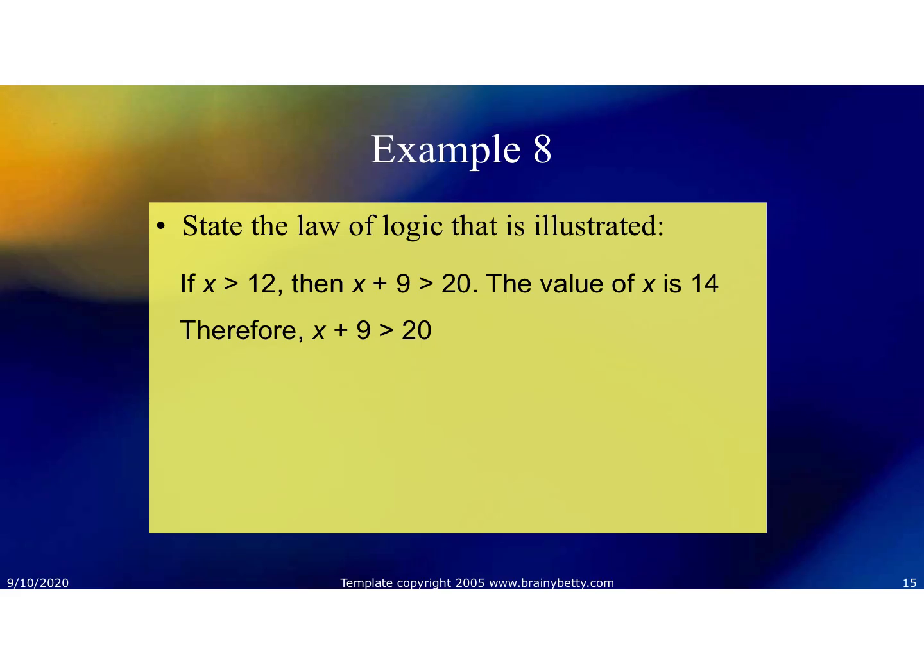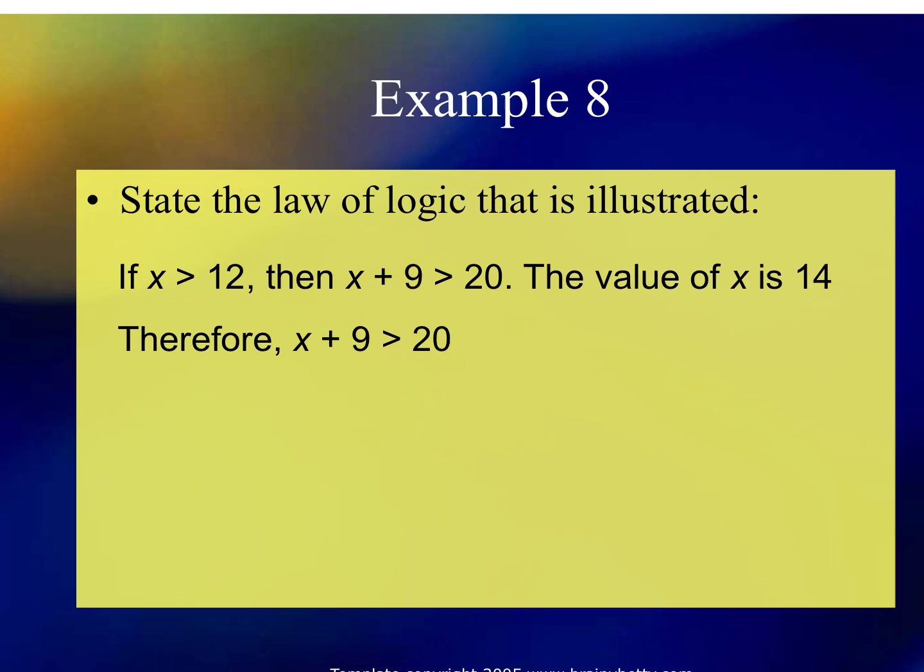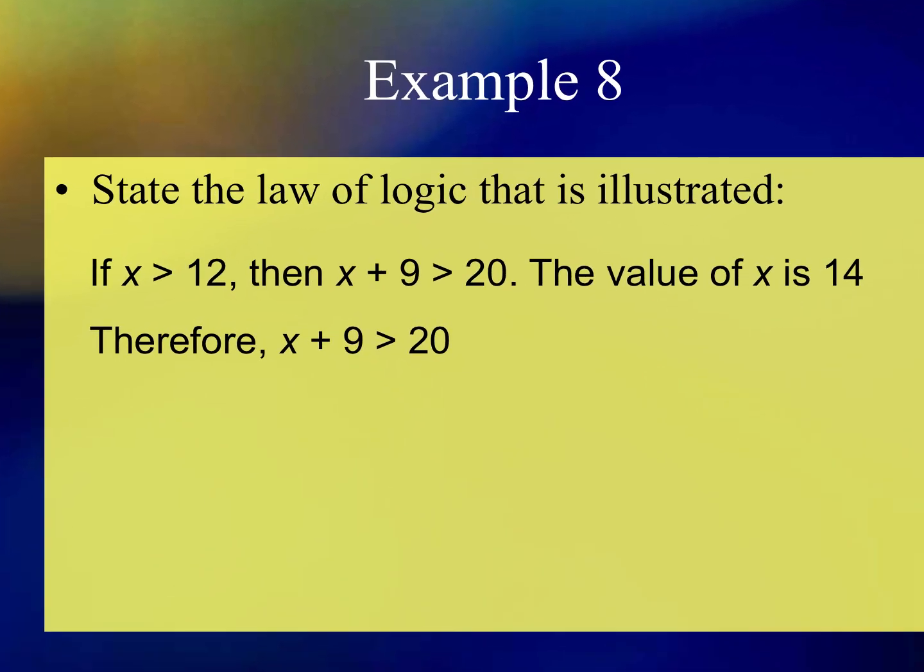All right, looking at this one, it says state the law of logic that is illustrated. If x is greater than 12, then x plus 9 is greater than 20. The value of x is 14. Therefore, x plus 9 is greater than 20. Which law is this? Anybody have an idea?